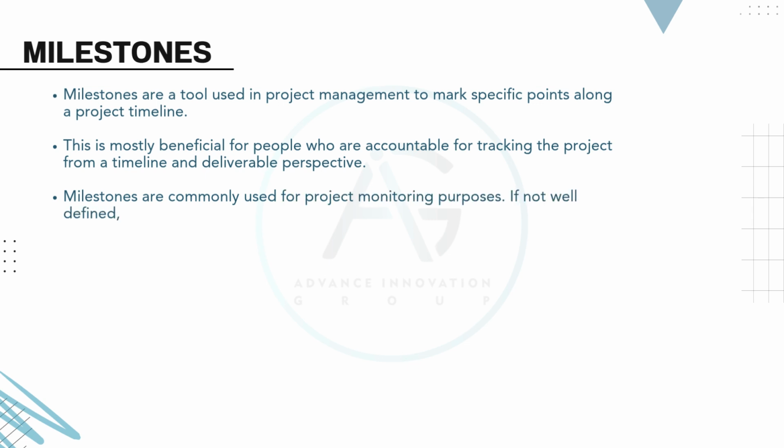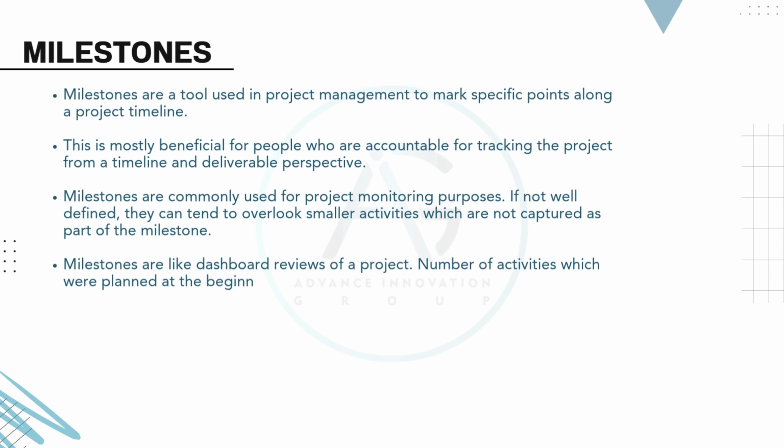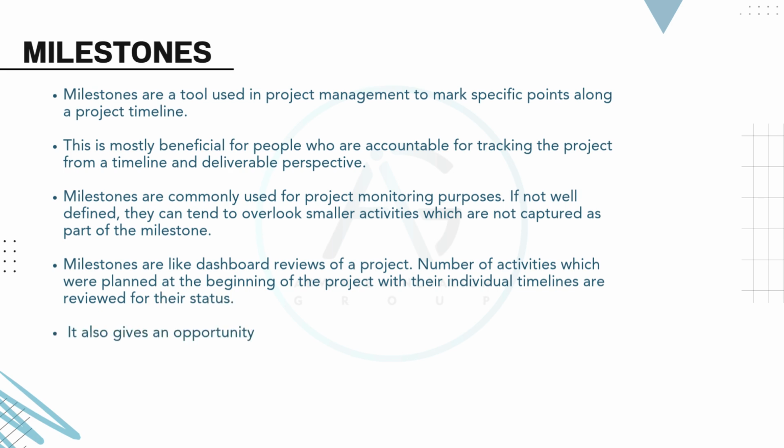If not well defined, they can tend to overlook smaller activities which are not captured as part of the milestone. Milestones are like dashboard reviews of a project. The activities which were planned at the beginning of the project, with their individual timelines, are reviewed for their status. It also gives an opportunity to check the health of the project.